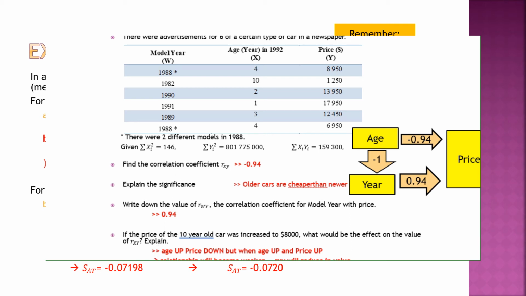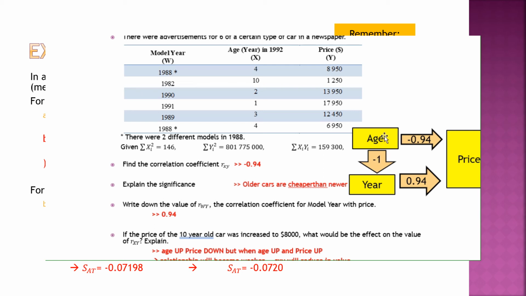All right, so find the correlation coefficient for this. Plug in the calculator, X and Y, you get negative. Why negative? Logically, the older the car, the cheaper it should be. Older cars are cheaper than newer cars. Now, between model year and price, how to find this? You know, between age and price just now is negative 0.84, right? Between age and year is -1. We did that before when we did perfect relationship.